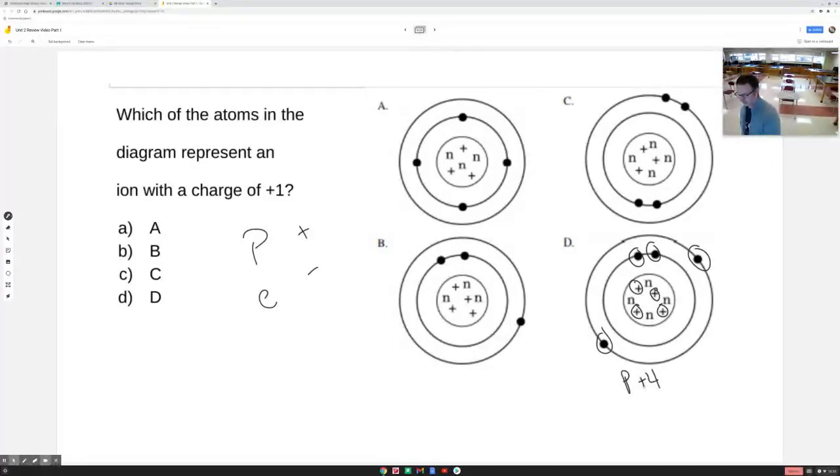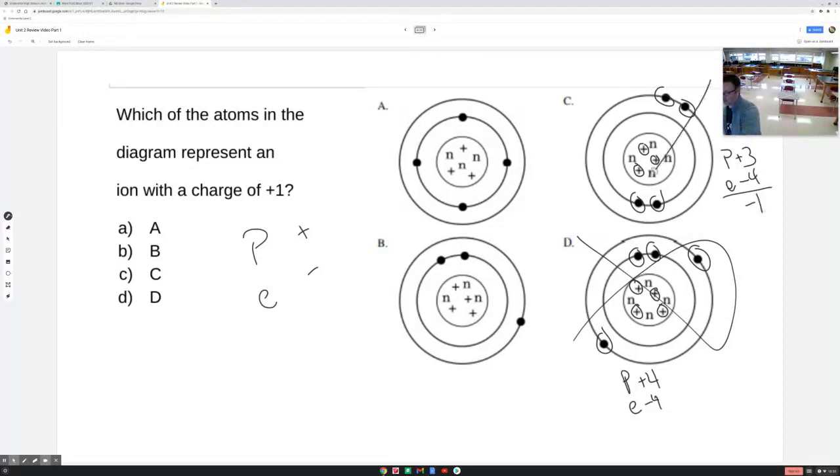So 4 plus, 4 minus, that means that's a neutral atom. So it's not that one. This one has 1, 2, 3 protons, that's positive, and 1, 2, 3, 4 electrons, which is negative. So when you put those together, you actually get -1. So that's not it, because we're looking for +1.